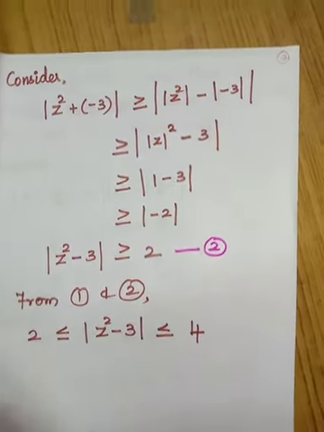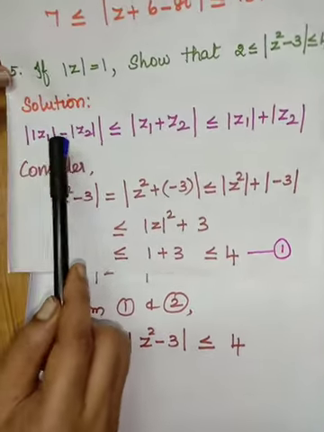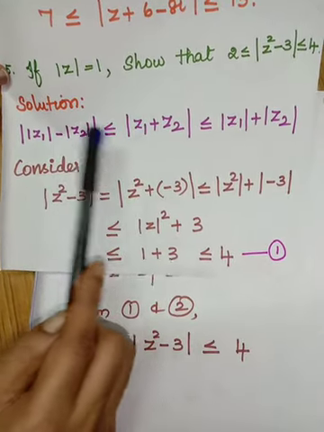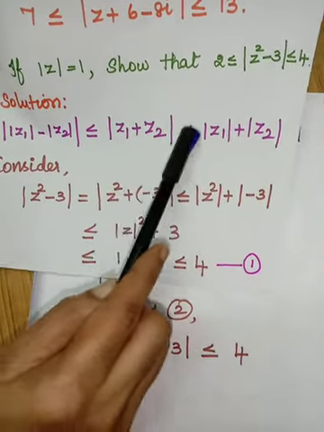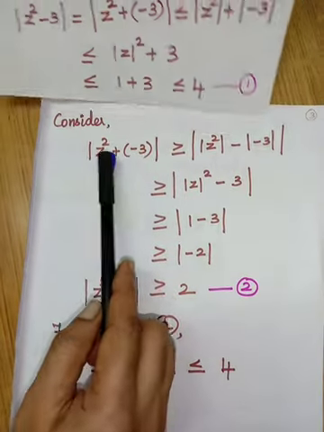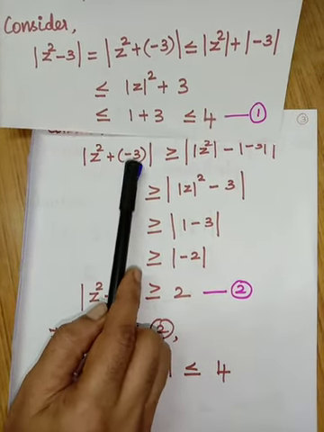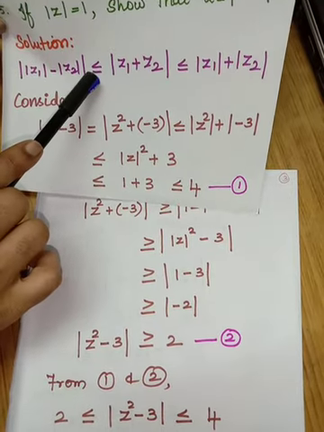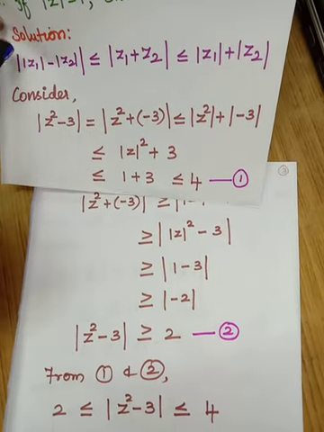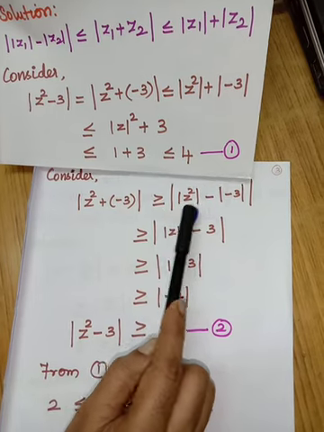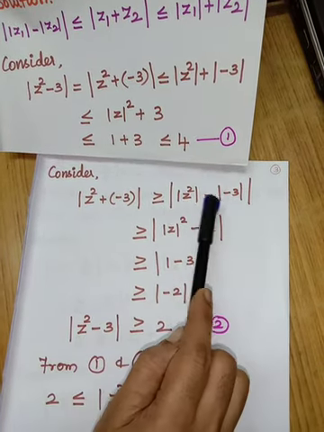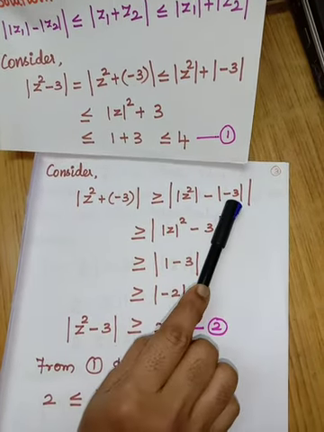Okay, now I am going to consider the first two terms of the formula. So here I am going to write this one. This is nothing but modulus of z squared plus minus 3, which is greater than or equal to, what result do I have to write? Modulus of z1 minus modulus of z2.